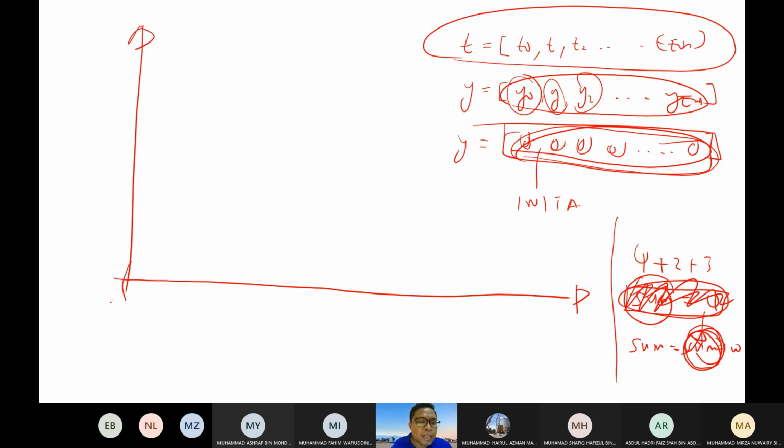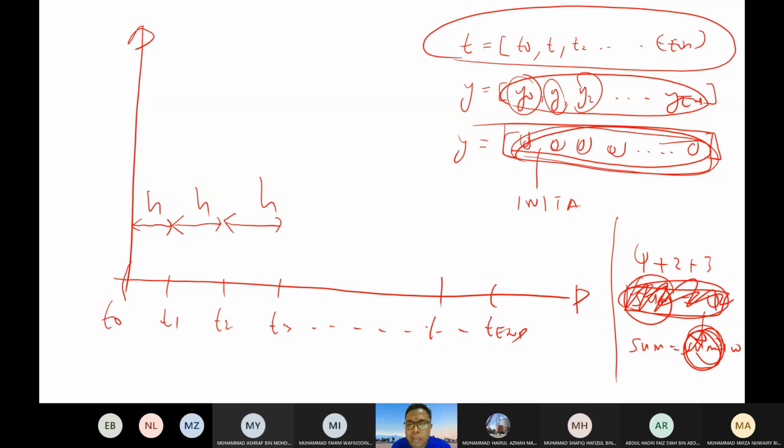You punya independent variable starting from T0, T1, T2, T3 until Tn. Kan? So if you know that setiap satu ni beza di H, betul? Setiap satu ni beza di H kan? Kalau sini Tn tolak 1 ni pun H juga. So macam mana saya dapat nilai T1 ni? Rasa-rasanya apa formula dia?